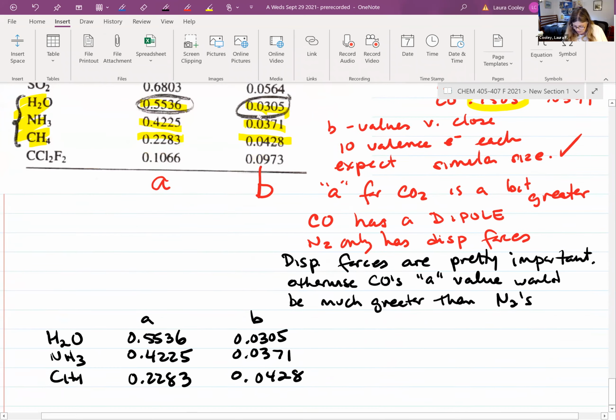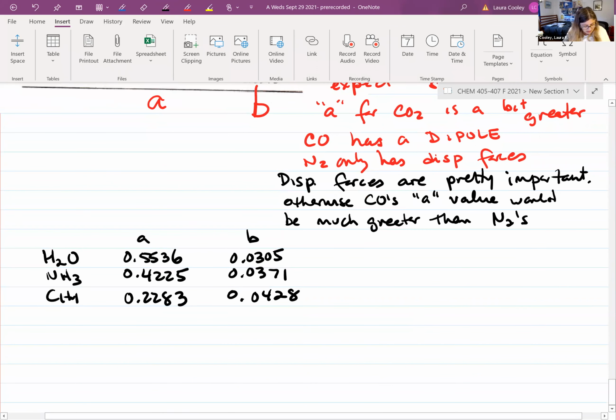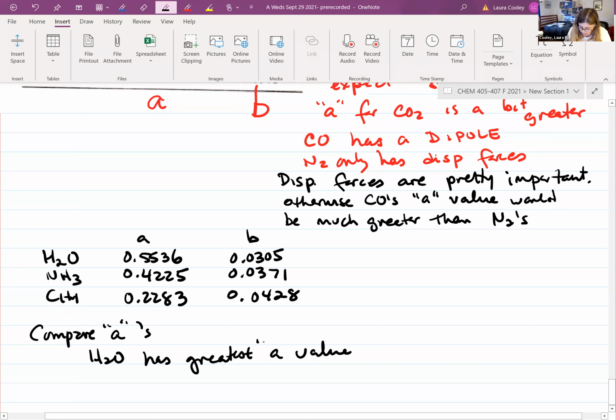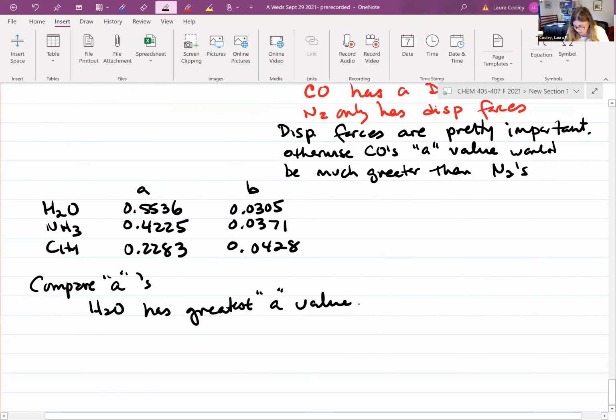But anyway, what we see here is if we compare the A values first, we see that, of course, water has the greatest A value. And that's because it has the greatest magnitude of intermolecular forces.